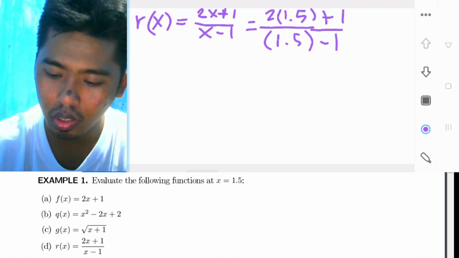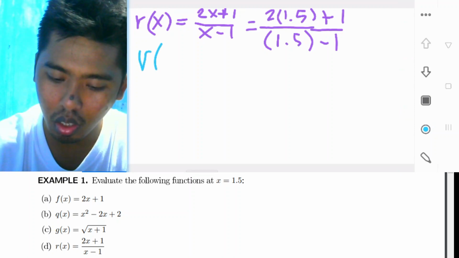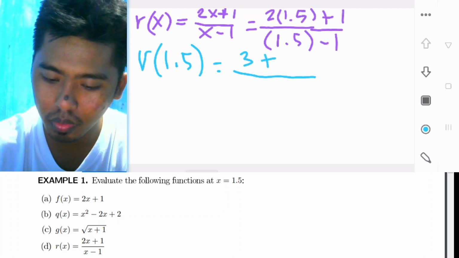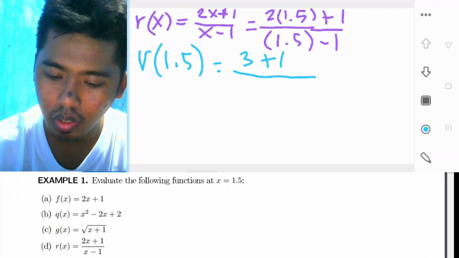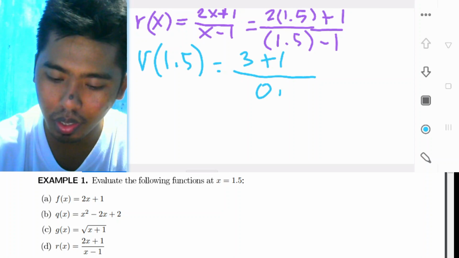Now next we have r of 1.5. Then this would become 2 times 1.5, that would become 3, then plus 1. Then next is 1.5 minus 1, that would be 0.5.